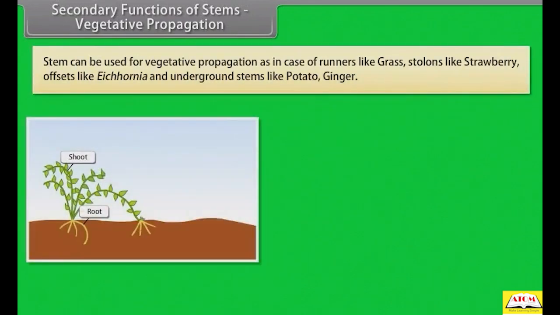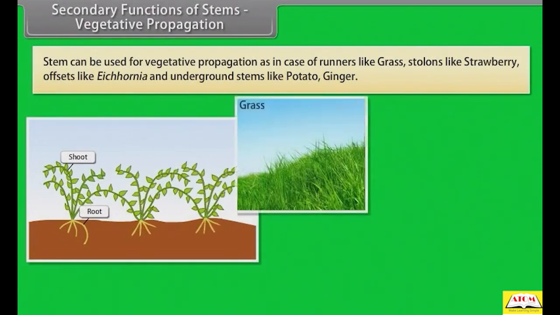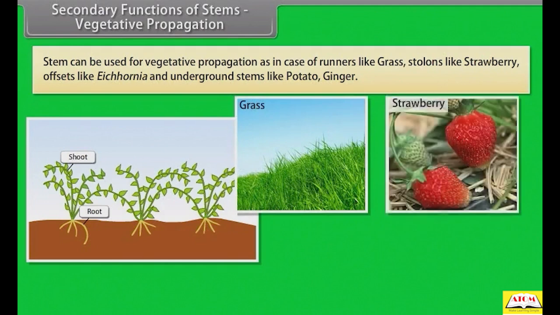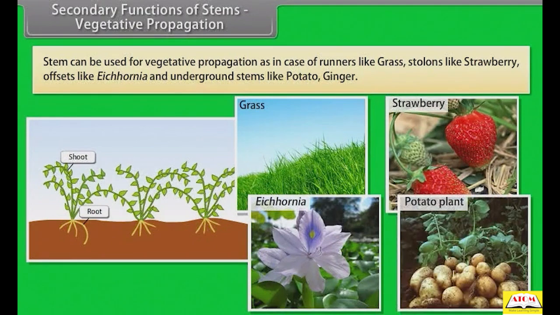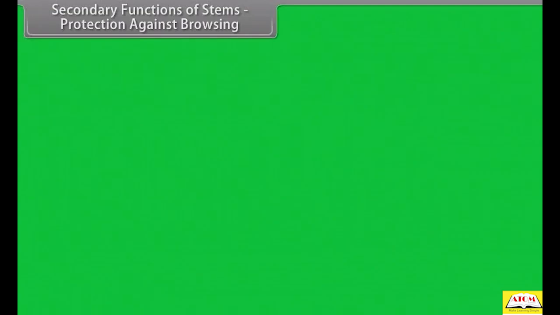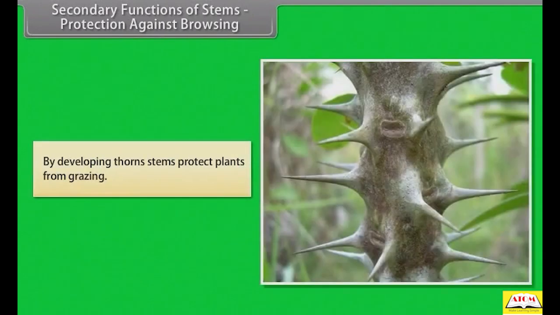Stem can be used for vegetative propagation, as in the case of runners like grass, stolons like strawberry, offsets like Eichhornia, and underground stems like potato and ginger. Secondary functions of stems. Protection against browsing. By developing thorns, stems protect plants from grazing.